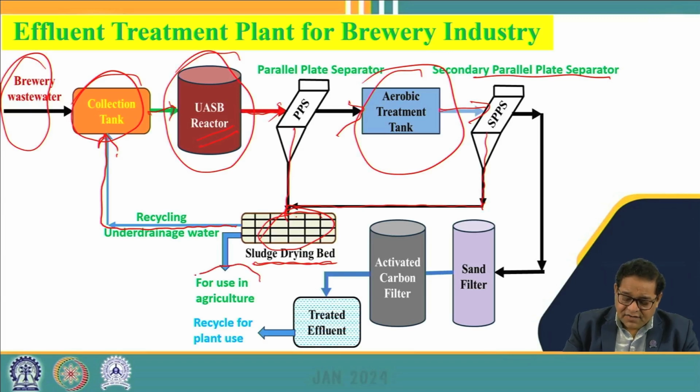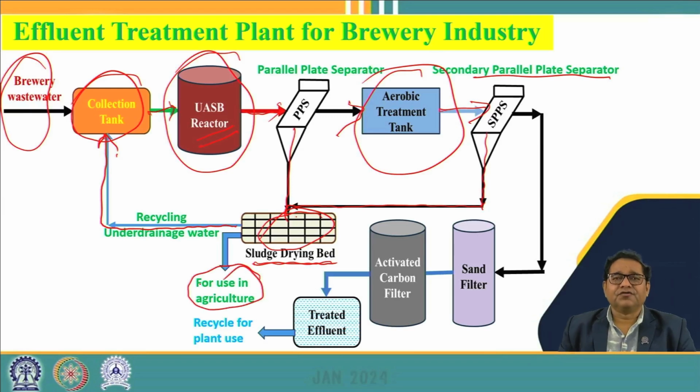That can be used in agricultural activities, like for plants, for gardening, and for many other purposes. This sludge can be used because it contains a lot of nutrients in the form of nitrogen and phosphorus, so it can be used as a good fertilizer.